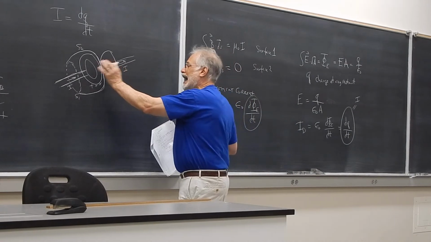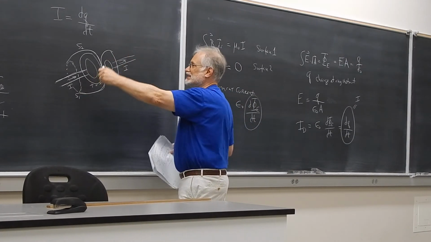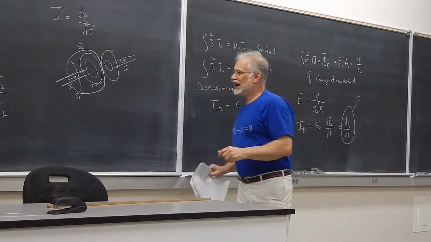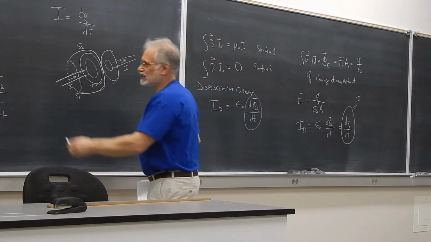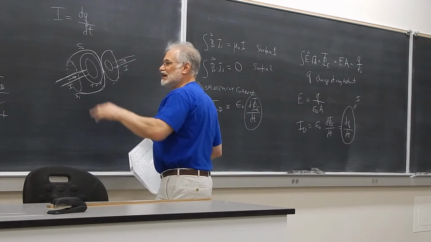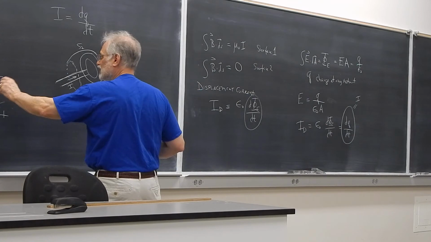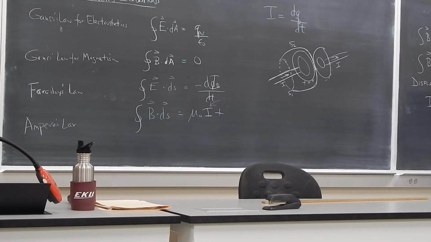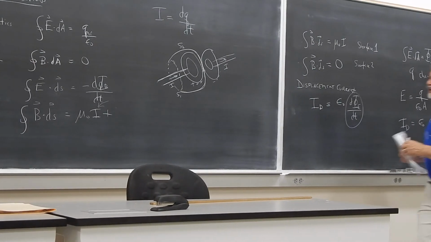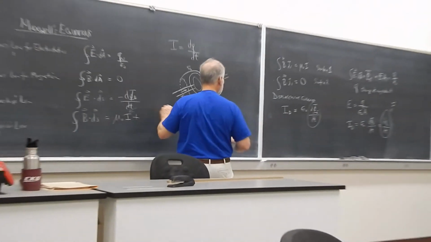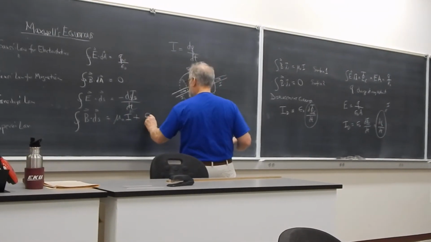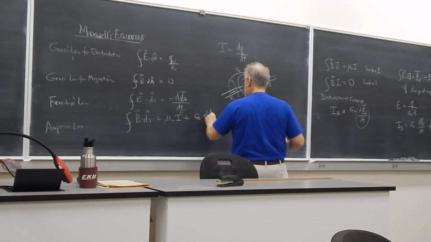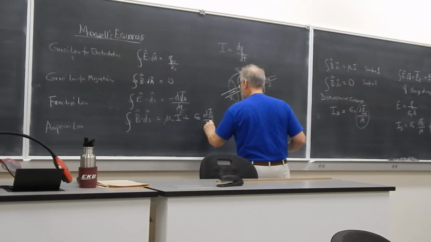We've explained how we can have a complete circuit even with space between a capacitor, and of course we've explained how we can make Maxwell's equations more symmetrical in terms of Faraday's law and Ampere's law. So it's very, very nice. So we can add to Maxwell's equation the displacement current term, epsilon naught, dPhi electric/dt.